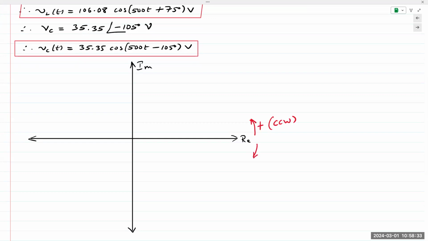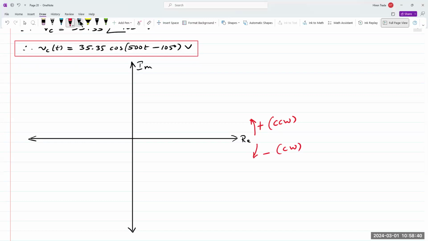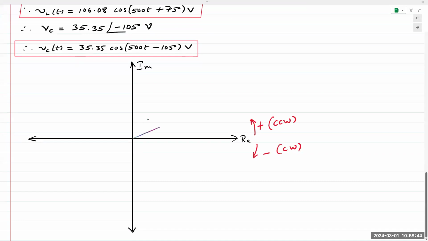A negative phase angle is rotating clockwise. So plus 30 degrees is going to be somewhere here. I'm going to use a rainbow colored pen. That's an approximation, of course. This is not to scale. So this is your phasor for Vs.